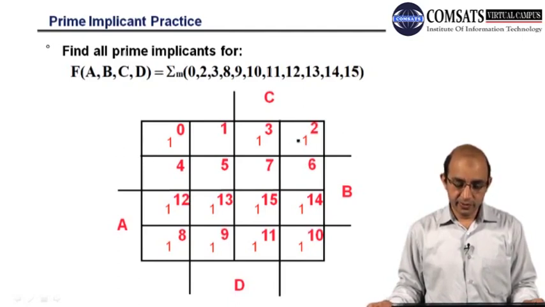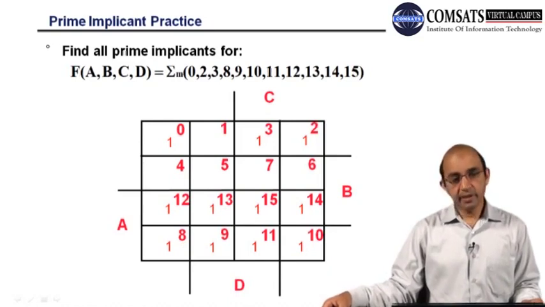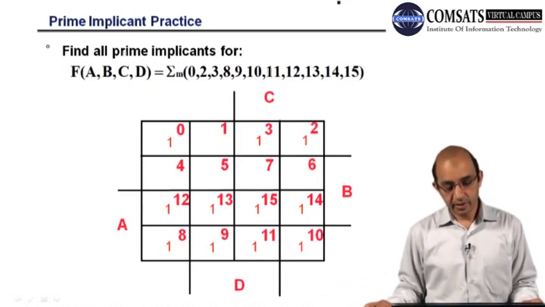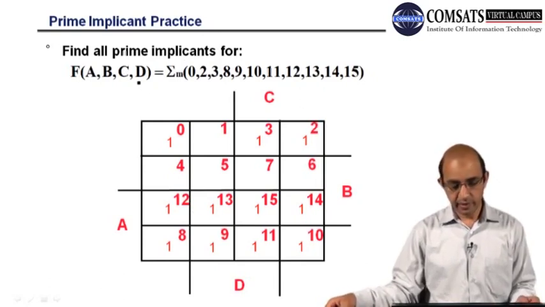So 0, 2, 3, and then 8, and 4, 5, 6, 7, and 8, 9, 10, 11, 12, 13, 14, 15. So these are the min terms, and this is the Boolean expression, and we have a K-map representation of this Boolean expression, right?